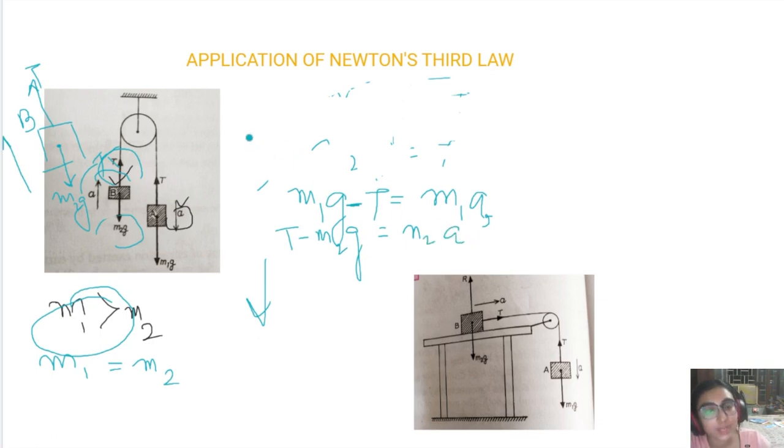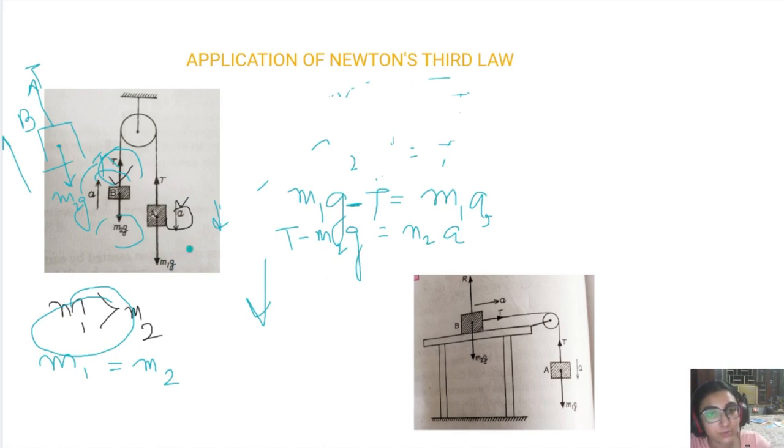Now at first it might seem a little confusing, but actually it is very simple. It is all a matter of what is the net direction of acceleration, and according to that only you'll understand. Since here the net acceleration is downwards, it'll make us realize that M1G is the greater force here, right?